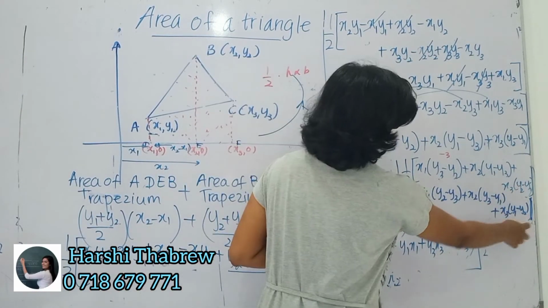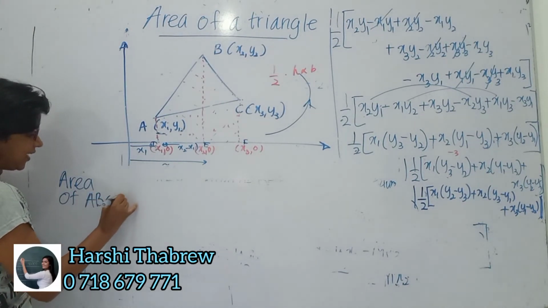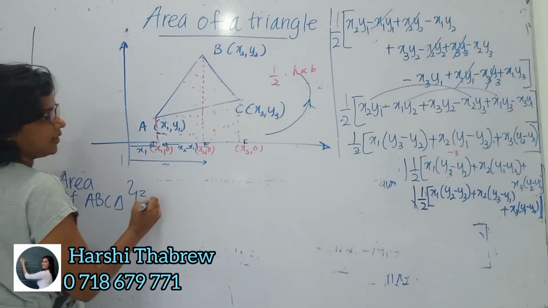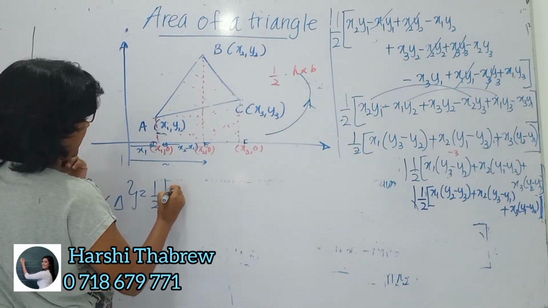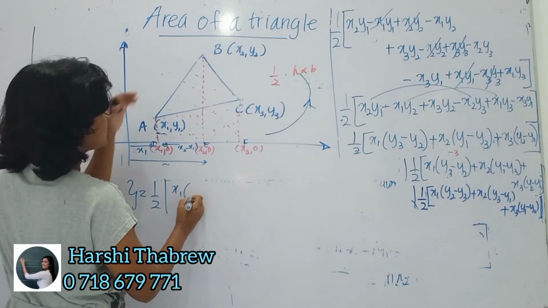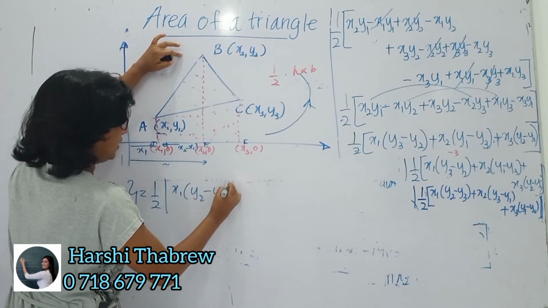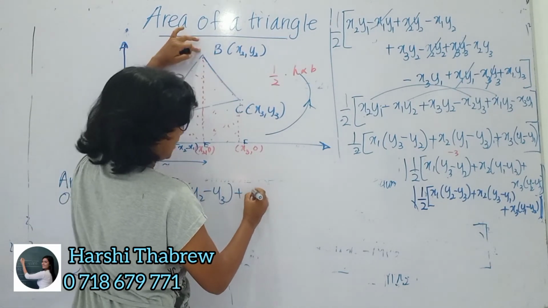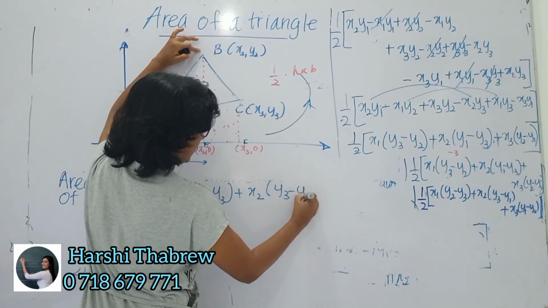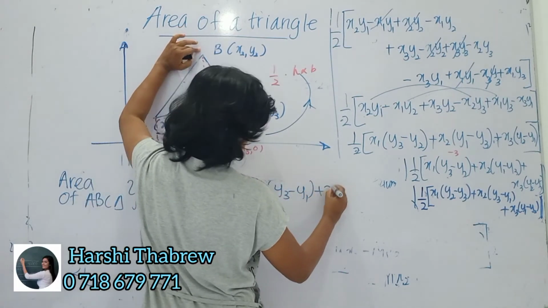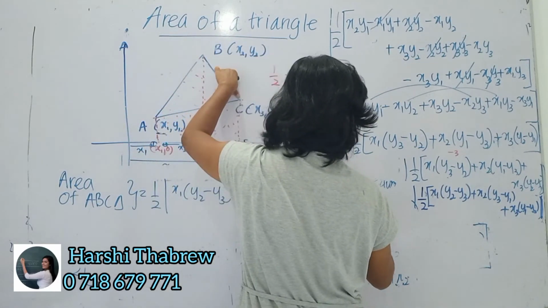Then you have to write area of ABC triangle equals, right, half times modulus of x1 times y2 minus y3 plus x2 times y3 minus y1 plus x3 times y1 minus y2.